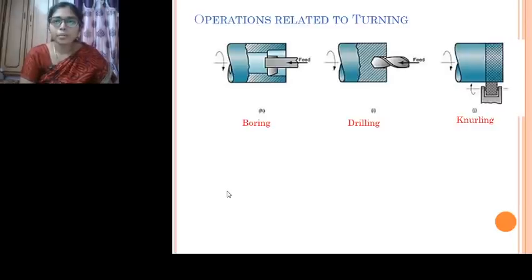Right. Now coming to the other operations which are related to turning operation, you can see the drilling operation, boring operation, and knurling operation. Now drilling operation is nothing but producing internal holes in a cylindrical hole. And in a boring operation, it is used for enlarging the holes.